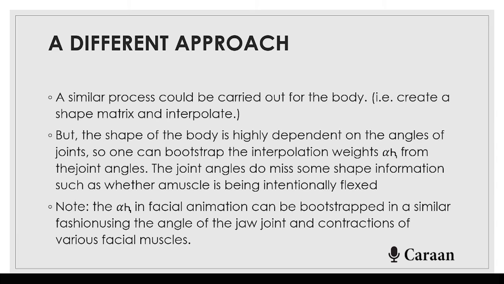The joint angles do miss shape information, such as whether a muscle is being intentionally flexed. Dito daw ay nakadepende daw yung body shape mo sa angles ng joints. For example is nag-flex ka ng muscle mo, hindi ba magbabago yung shape ng shoulder.